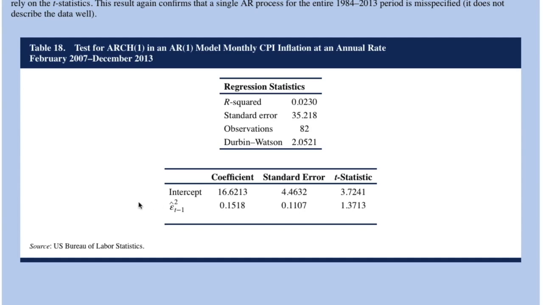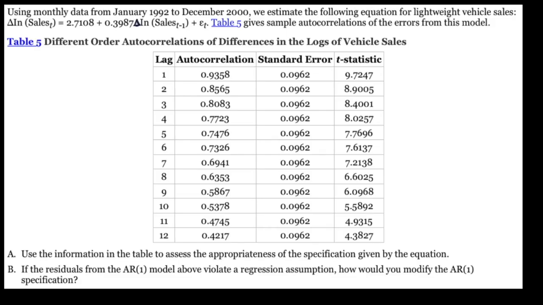If it's no different from 0, all we have is the a naught, the constant, the alpha term, or the b naught term, depending on how you want to interpret it, which means the variance is a constant. So we fail to reject the null hypothesis. The coefficient is equal to 0, and we do not have conditional heteroscedasticity. So we're good.